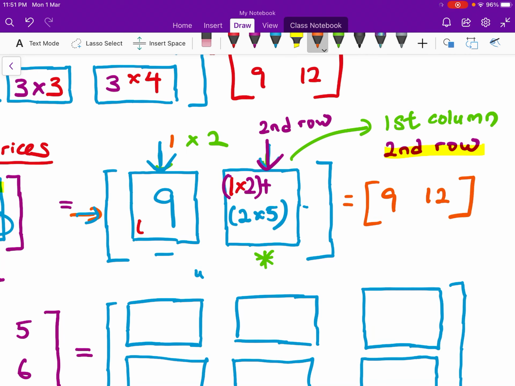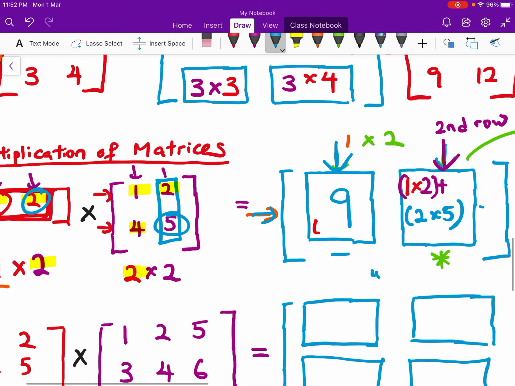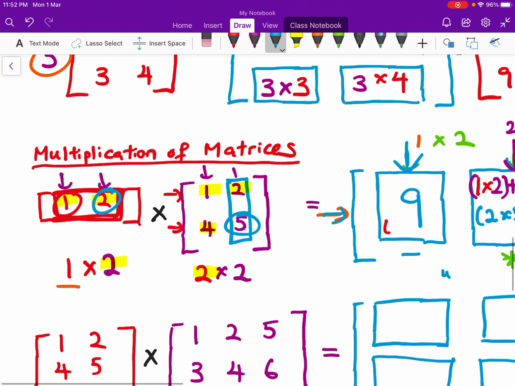Now I got a matrix of 1 column by 2 rows, which is consistent. First of all, when we multiply matrices, we need to know whether they can multiply by checking the number here and here. Second of all, we need to know the order of the matrix.